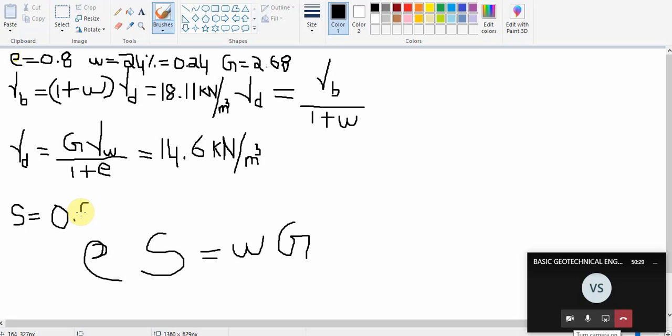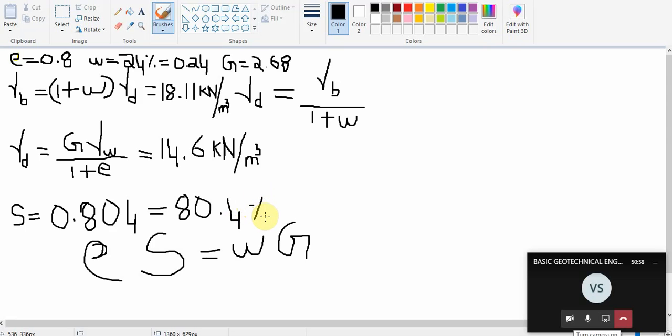0.804. But you have to write the value in percentage. In percentage, you have to multiply it by 100, you will get 80.4. So this was the first part of the question.